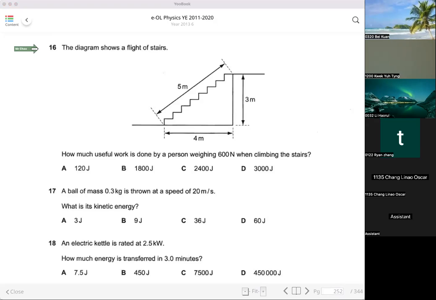Okay, Bei Kuan, for 15 is correct. Yu Ting, well done. Hao Rui, well done.